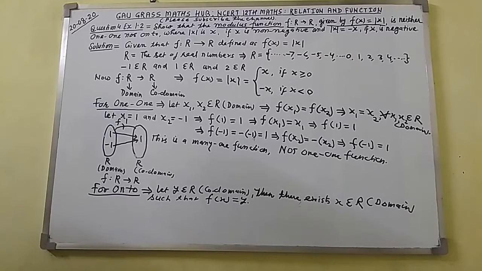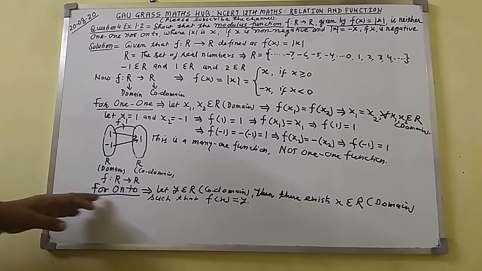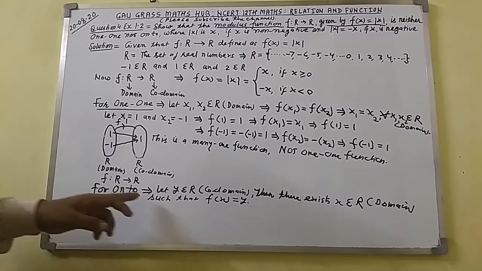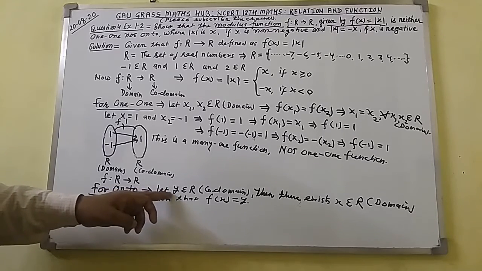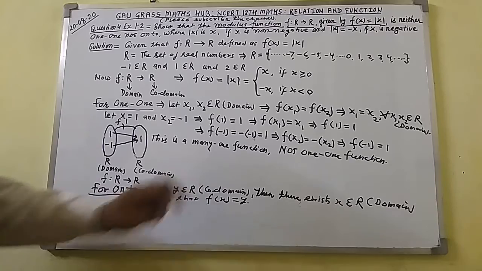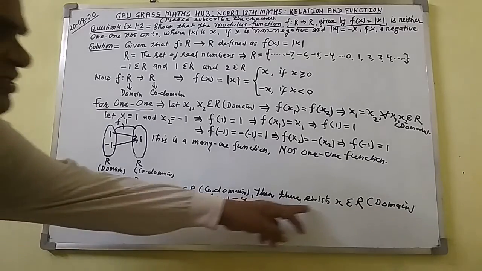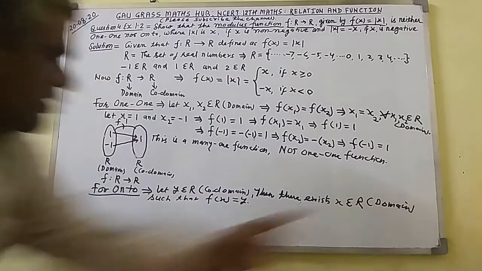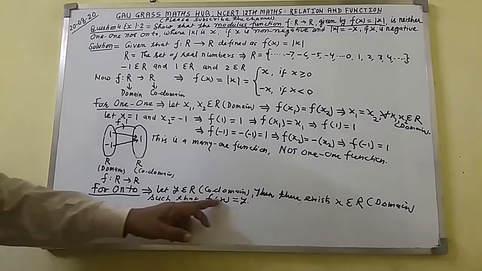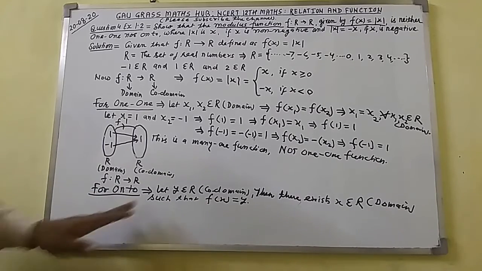This is the common statement you have to write for a function to be an onto function. It implies that let small y belong to capital R codomain, then there exists small x belonging to capital R domain such that f of x equal to y. This is a common statement.